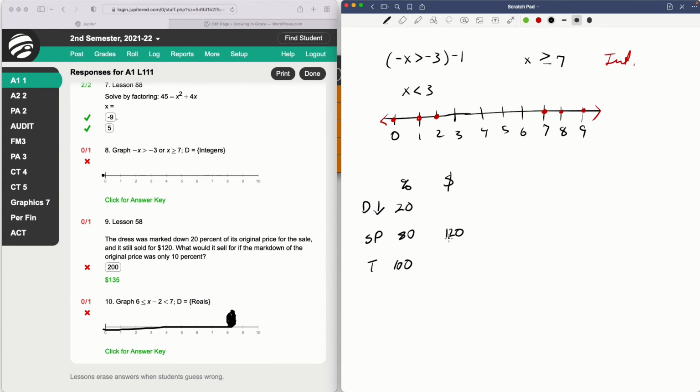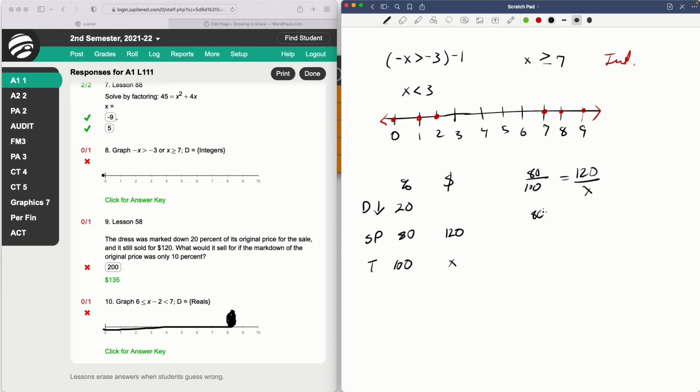What would it sell for if the markdown of the original price was only 10%? Well, first we have to figure out what the original price is, right? So that's X. So let's figure out what the original price is, and then we'll figure out what 10% off is. So the original price, we're paying 80 out of the 100, and that was the 120.